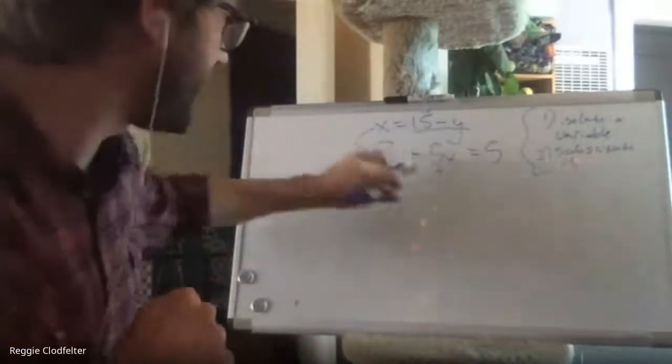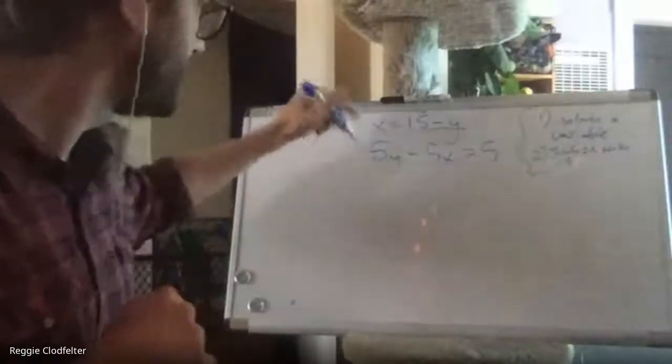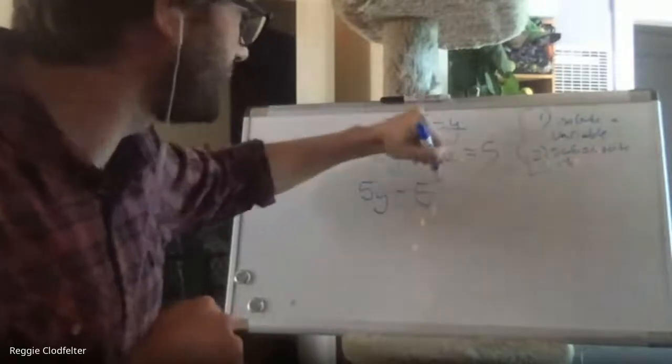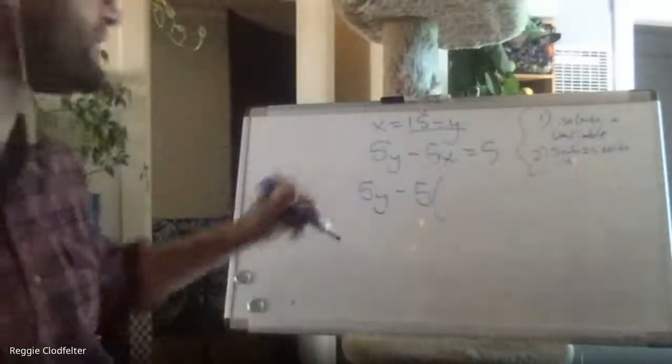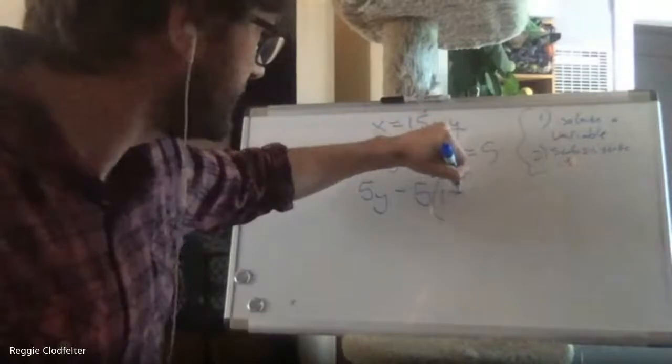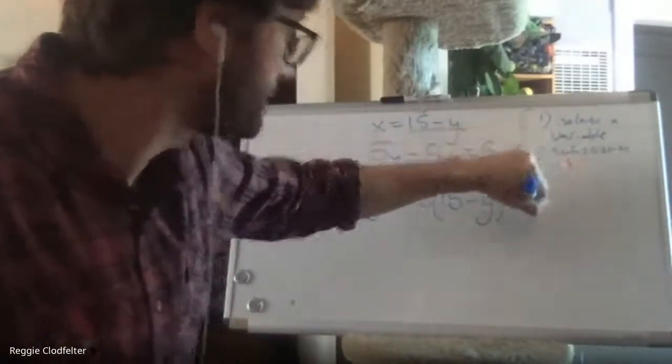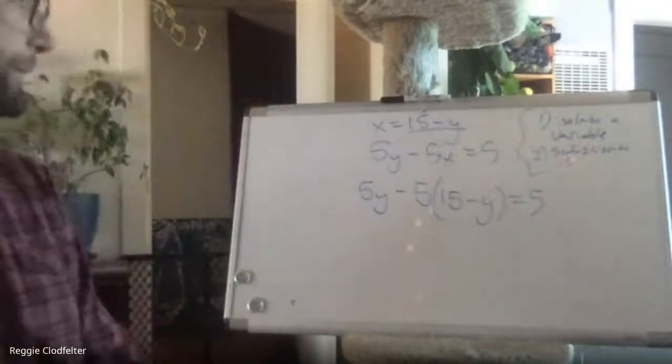So I would write that like this: 5y minus 5 times what I know x equals, which is 15 minus y, right? Equals 5. You see how I got to there, Oliver?